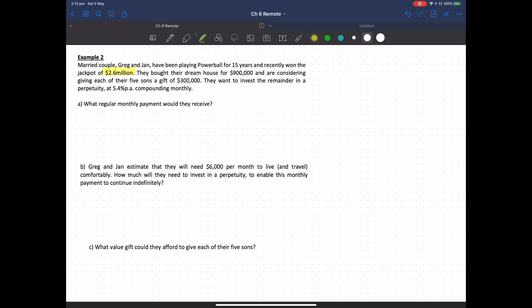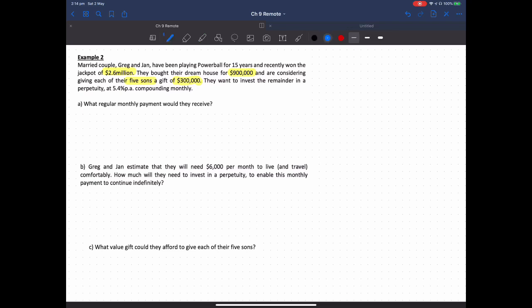They bought a dream house for $900,000 and are considering giving their 5 sons a gift of $300,000. That is $300,000 each. They want to invest the remainder in a perpetuity.